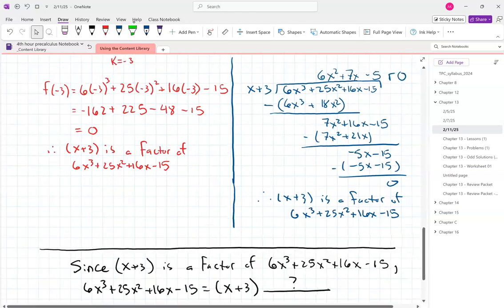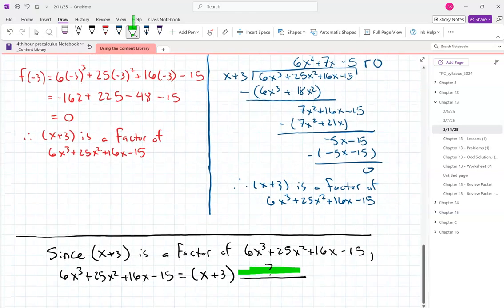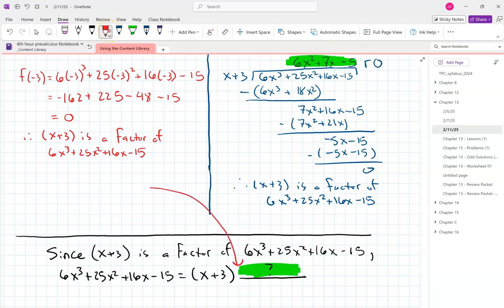Here's the catch. The blue tells us what that something's going to be. The red does not.